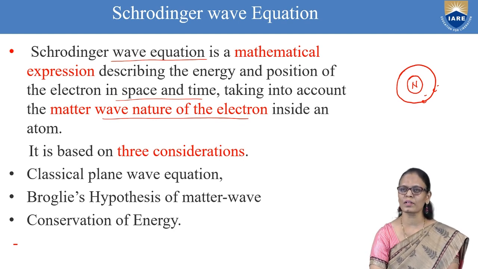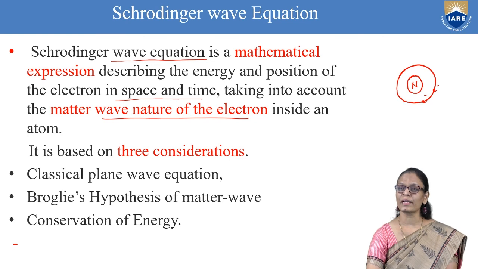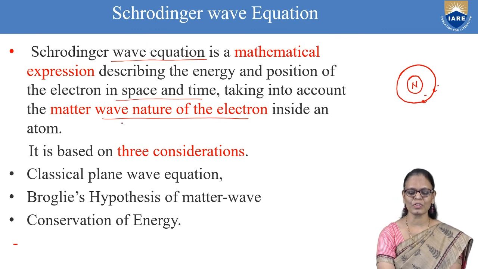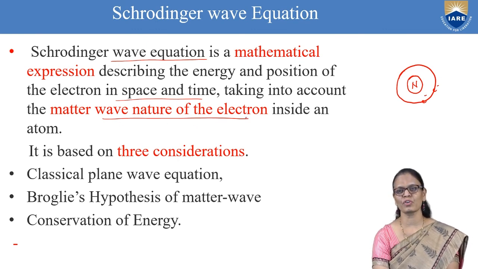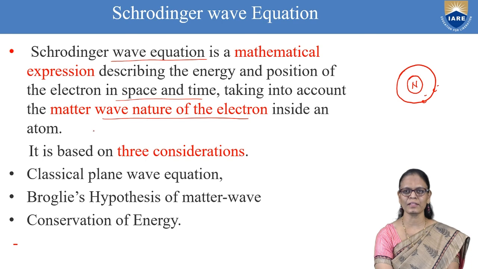But after this quantum theory, they accepted that electrons will be in fixed stationary orbits and will have the energy related to that orbit only. They cannot have energy in a continuous manner. That is why we have to consider the wave nature of the electron inside an atom.